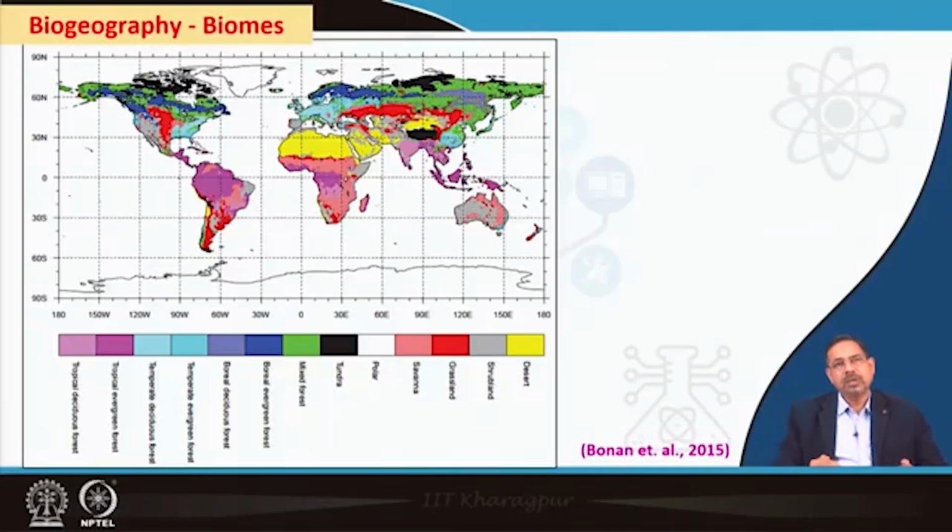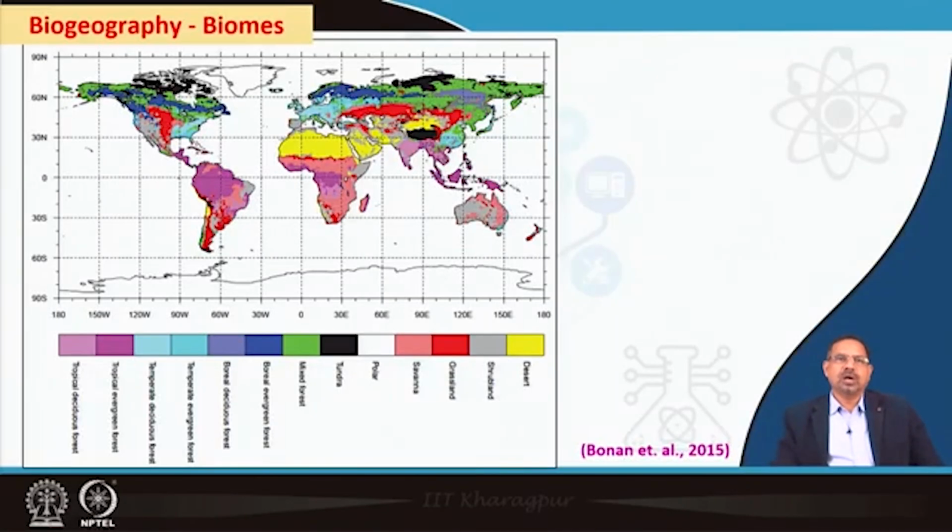So, what we understood is that we can divide it across the latitudinal space into tropics, temperate and alpine or Arctic. Between tropics and temperate, we have an intermediate zone called subtropics. Between temperate and alpine, we have another intermediate zone called the subalpine. So, these are tropical, subtropical, temperate, subalpine and alpine.